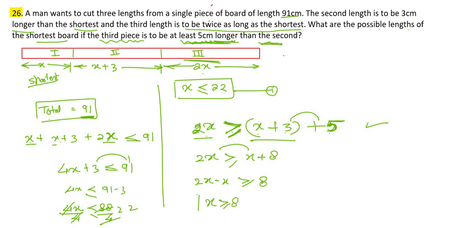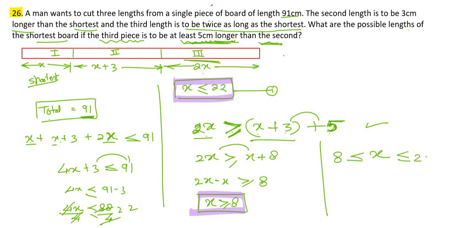So this is the second condition. If you observe carefully, we got these two conditions, first is this and second is this. So the value of x should be selected in such a way that x is at least 8 but at most 22. This is my final answer.